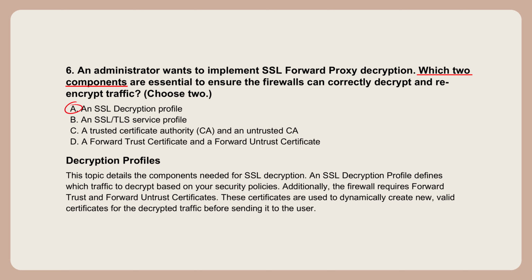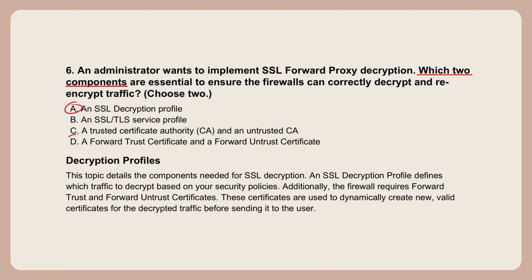Exactly. Second, you need two specific types of certificates on the firewall itself: a forward trust certificate and a forward untrust certificate. The firewall uses these to dynamically generate new certificates on the fly for the websites users are visiting after it decrypts the original traffic. It uses the forward trust certificate to re-sign traffic for sites it deems trustworthy based on the original certificate, and it uses the forward untrust certificate for sites whose original certificates are maybe expired or self-signed or generally untrusted.